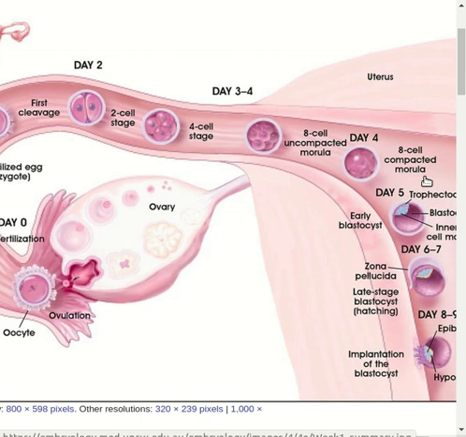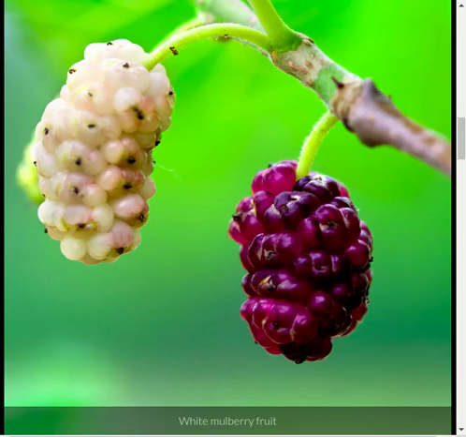So the cells can now communicate with each other. They're so compact, it initiates the formation of a solid ball of cells. Morula means mulberry, and it looks like a mulberry, which is what this cell mass resembles.